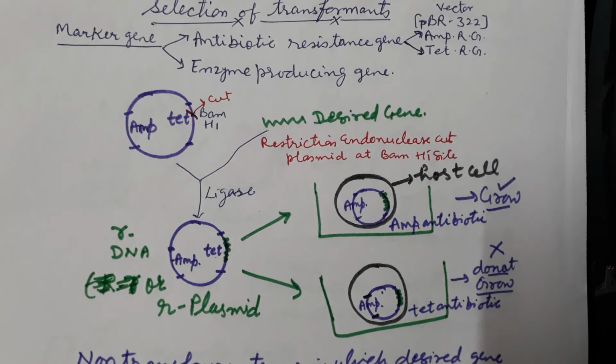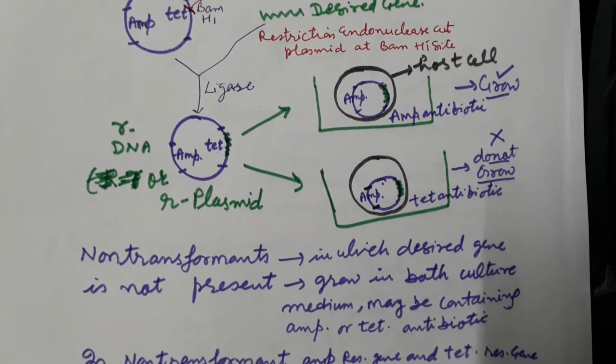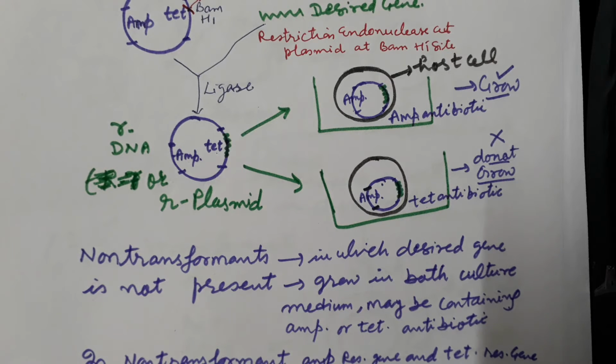What do we mean by non-transformant? One in which the desired gene is not present. This non-transformant grows in both culture media. If the culture medium contains ampicillin, it will grow, and if the culture medium contains tetracycline antibiotic, it will also grow.